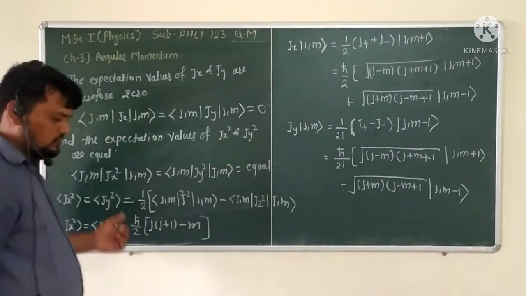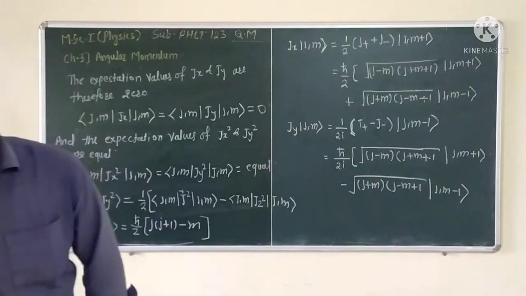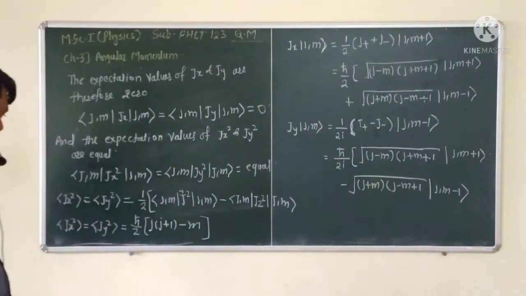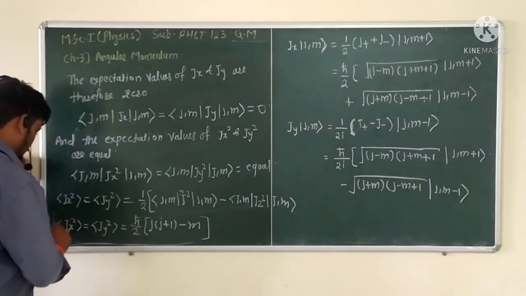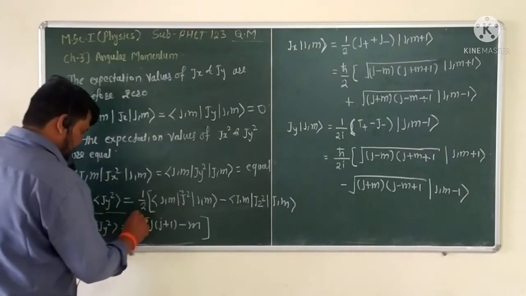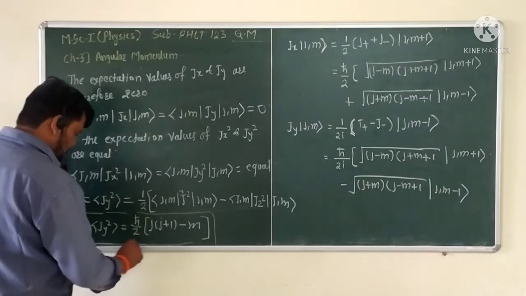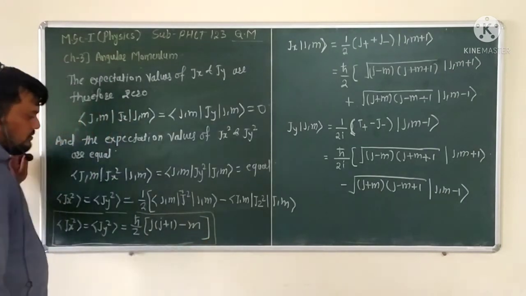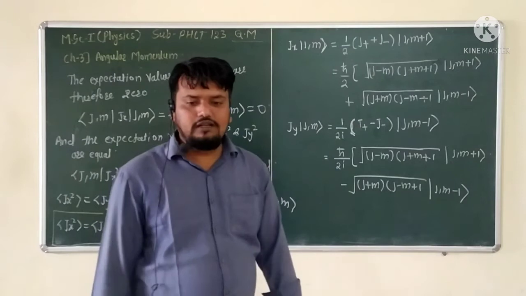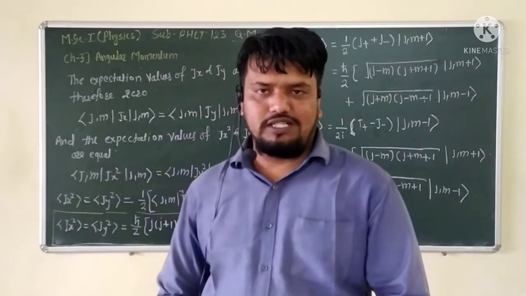You have to know that for the orbital angular momentum value L or J, if J is equal to 1, then the m values are plus 1, 0 and minus 1, that is the spin orientation.